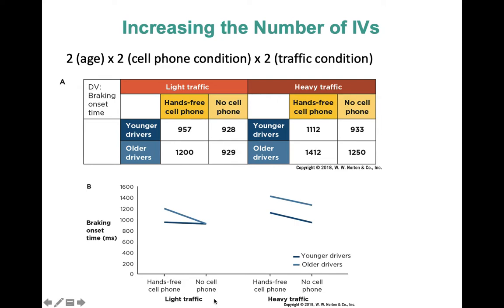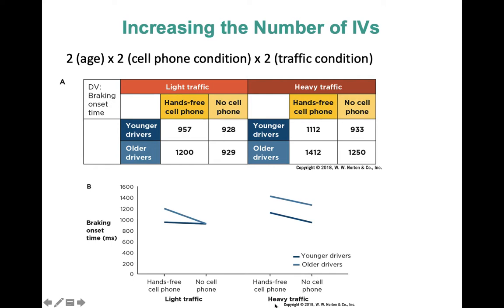And we can say that in light traffic, young drivers, their braking time is not affected at all. Okay, in heavy traffic it is, but in light traffic it's not. Old drivers, their braking time is affected. It's slower regardless of whether they're driving in light traffic or heavy traffic.